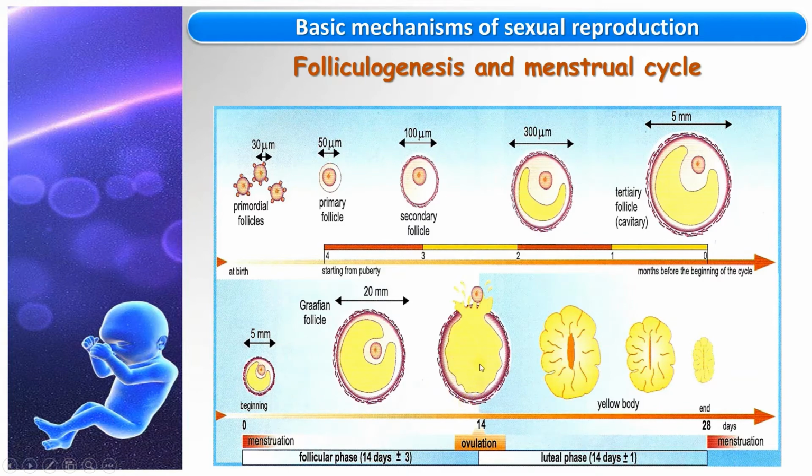After ovulation, the ruptured follicle turns into the yellow body. Then the yellow body turns into the white body at the end of the menstrual cycle. To be noticed, if fertilization takes place, the yellow body will be kept for around 3 months, and this stops the menstrual cycle.